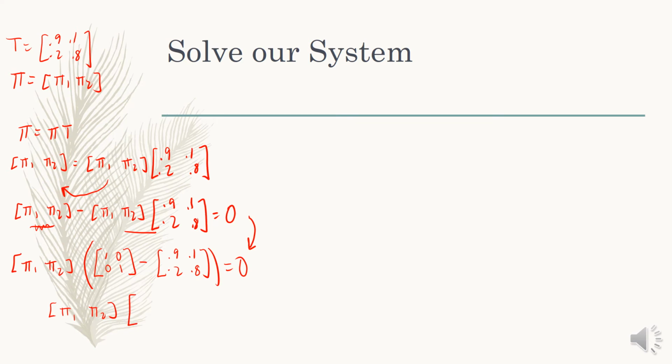For this first one, I'll do 1 minus 0.9, which is 0.1. Then 0 minus 0.1, so negative 0.1. Then 0 minus 0.2, which is negative 0.2. And 1 minus 0.8, which is positive 0.2.